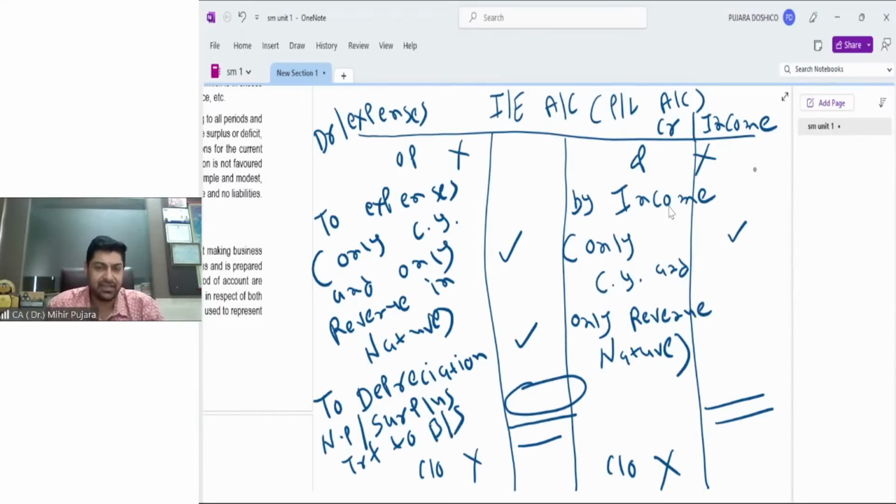It is known as a surplus, which is transferred to the balance sheet.